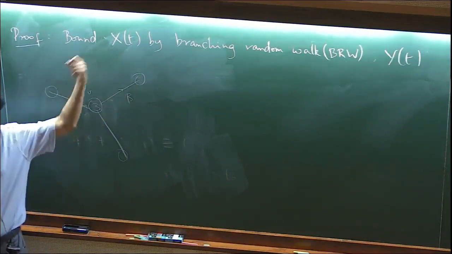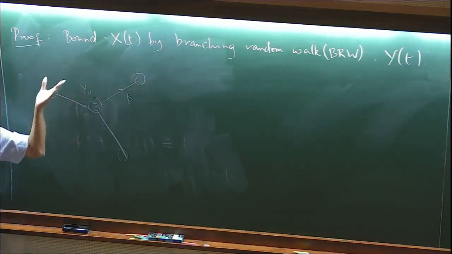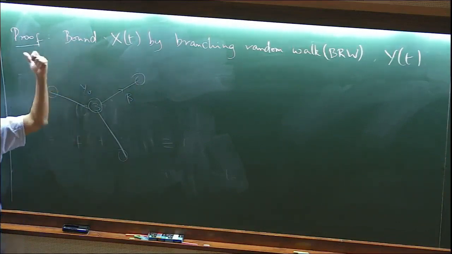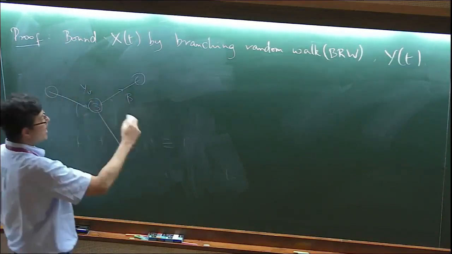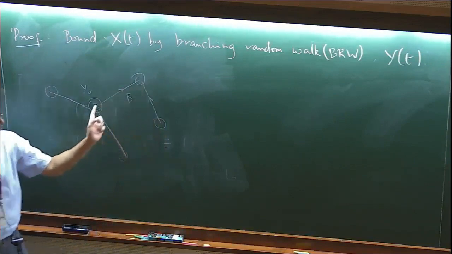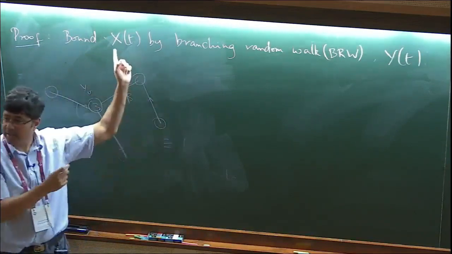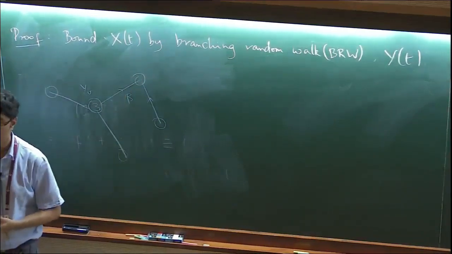Each of them also independently recovers at rate 1, so each infection will disappear at rate 1 independent of the others. Earlier, if this one already infected this vertex, this couldn't again infect it, but now they can both infect it. You just accumulate multiple infections at a site.